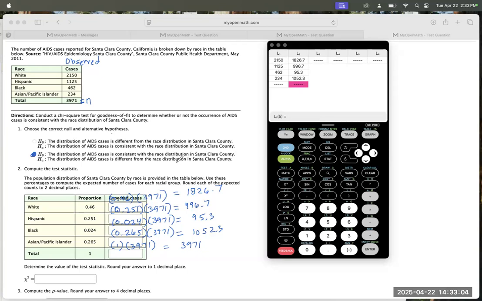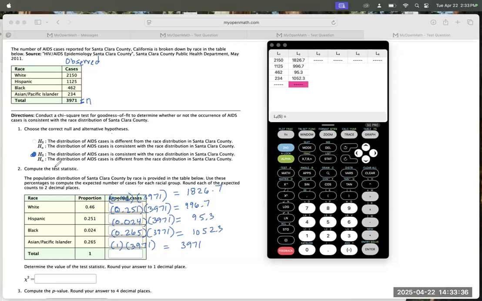It always helps me remember which one is the null, because that is the one we're assuming to be true. So if we assume that it's consistent with the proportion that they believe to be true, then we take that proportion in decimal form and multiply it times the total number sampled. That's how we calculate these expected counts.